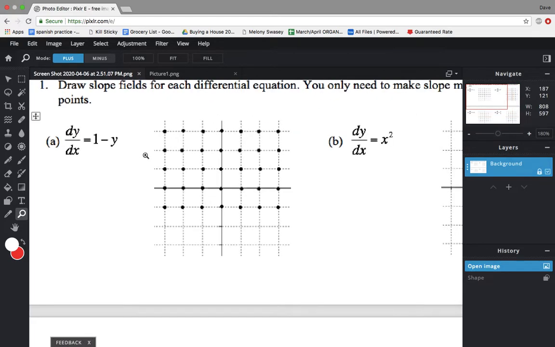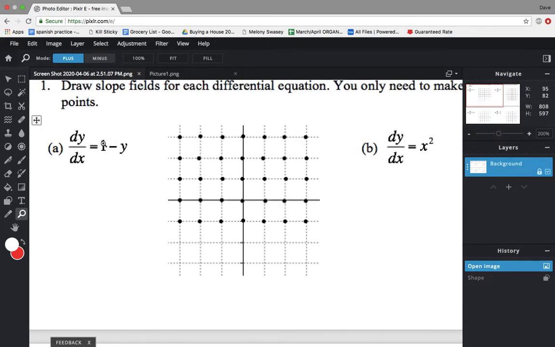So let's focus on this first differential equation. It's given by dy/dx equals 1 minus y. And what I need to do is draw a little line segment at each of these points that have been indicated here. So the way that I'm going to do that is I'm going to start, let's say at the origin, doesn't really matter where I start.